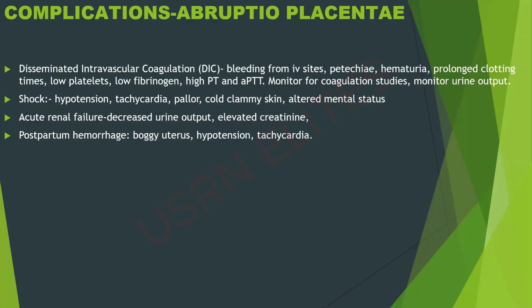So once there's bleeding, what are we going to do? We think of giving oxygen. We think of giving fluid. We think of giving blood products. We think of giving other medication for bleeding.